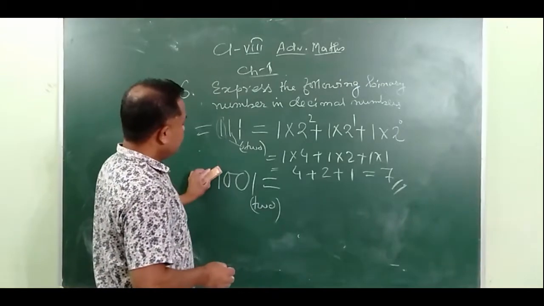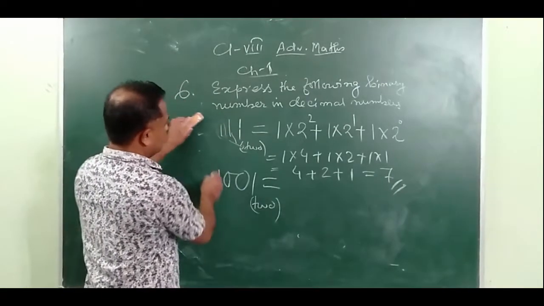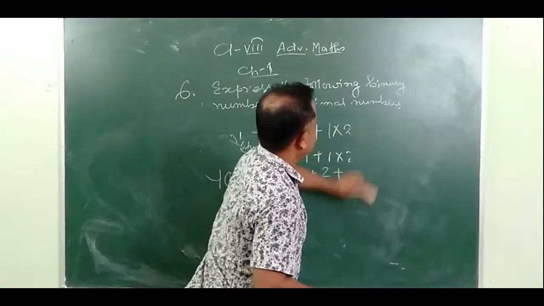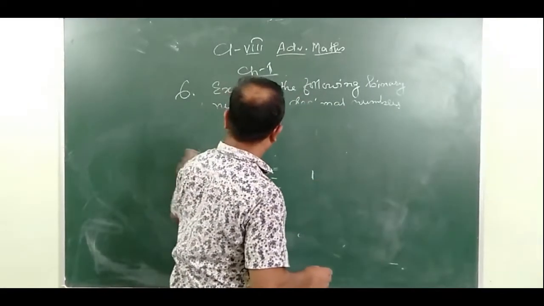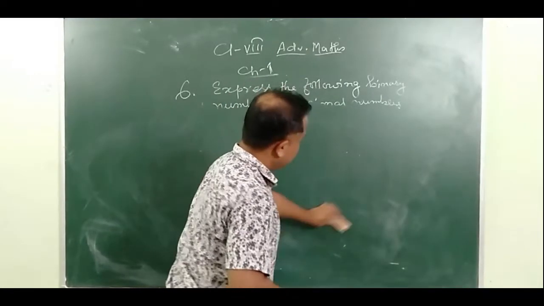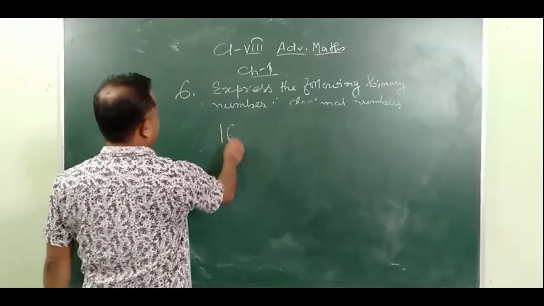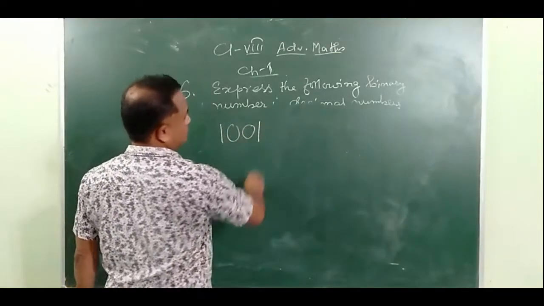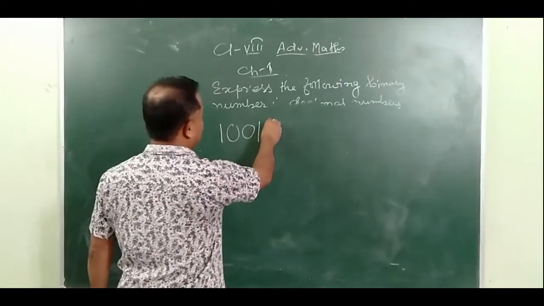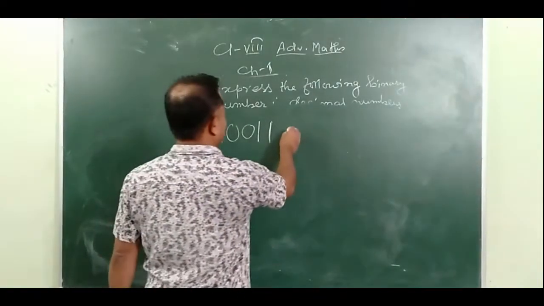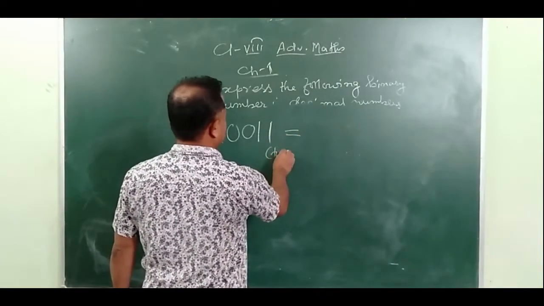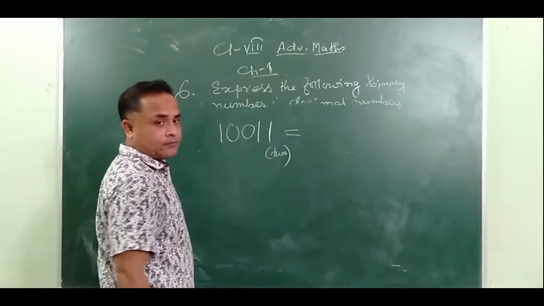Similarly, we will check these numbers. Similarly, we will take one example, 1 0 0 1 1, or you can extend more and more, no problem, to the base 2.